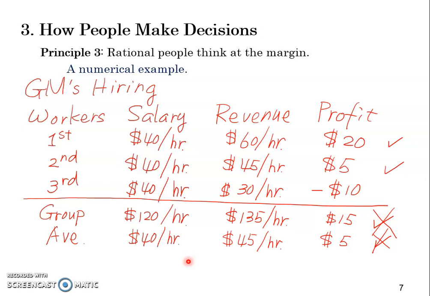And this tells us the fourth principle we're going to introduce in this chapter. It's called people respond to incentives. In other words, you could do the marginal analysis as an airline and offer standby tickets, right?